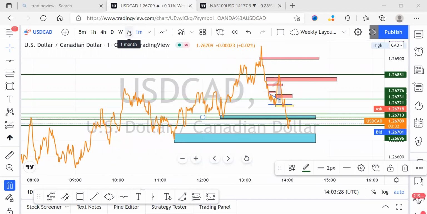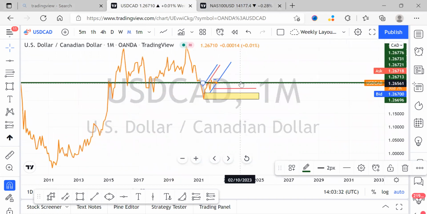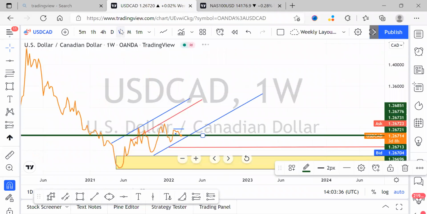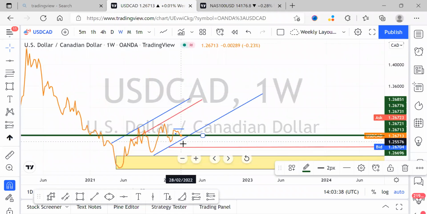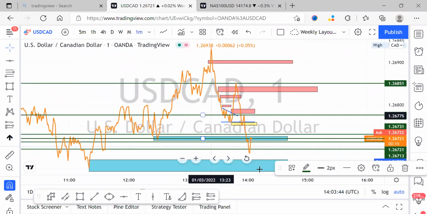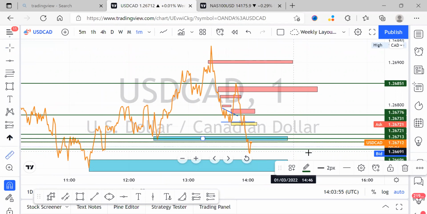If we look from the monthly point of view, there's quite a few rejections. On the weekly, it's starting to go a bit more down. So we've got to see how price reacts from that blue zone. If it hits that blue zone and then it starts to reverse, we could be going for a very good opportunity.